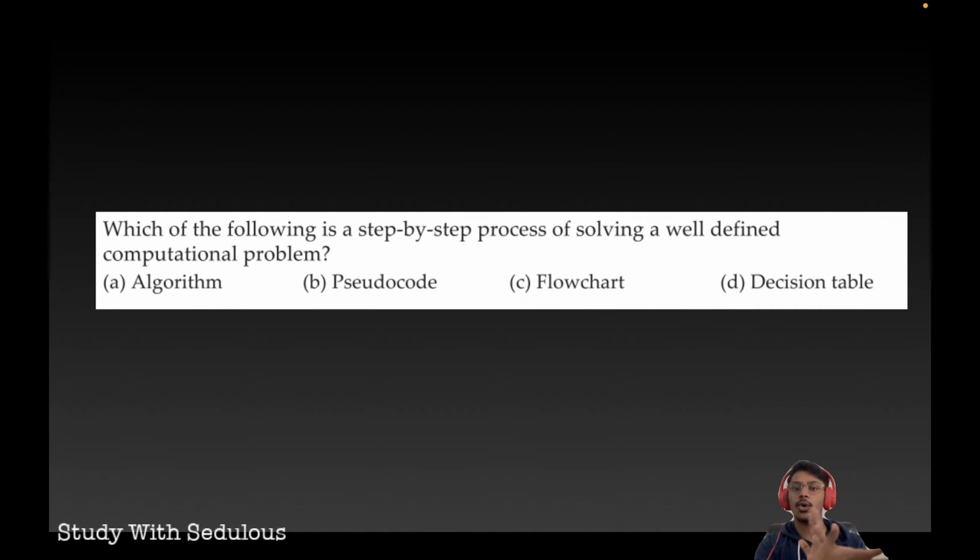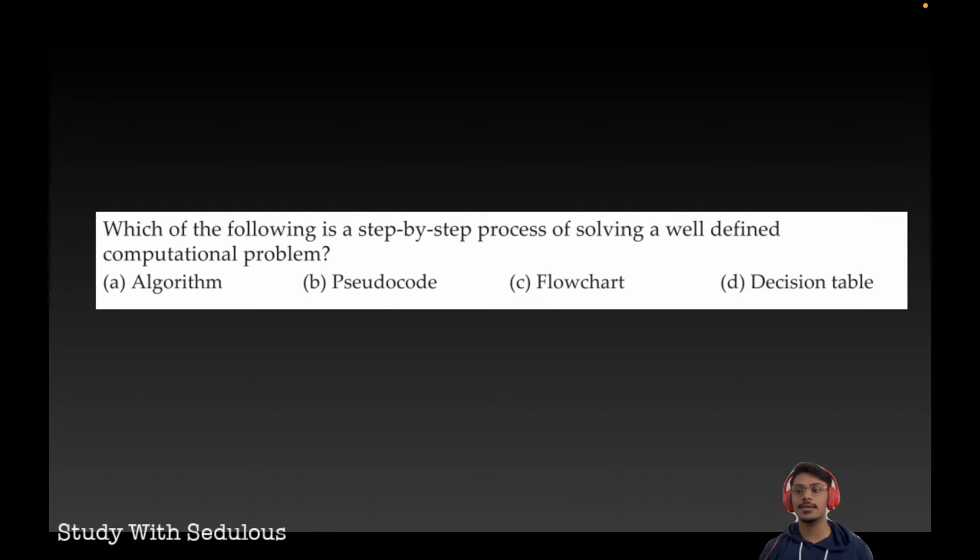And pseudocode is the false code, not the real code, the fake code that programmers write to make themselves understand, and not the computer, just to get some idea. That's pseudocode. Flowchart, that's one thing to consider, because a flowchart is actually a step-by-step process. Decision table, nah. Answer is C.